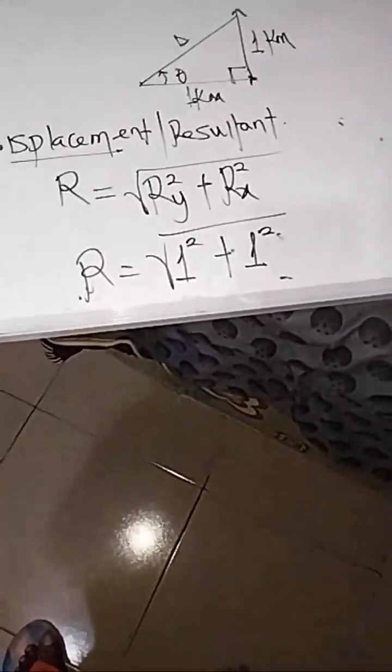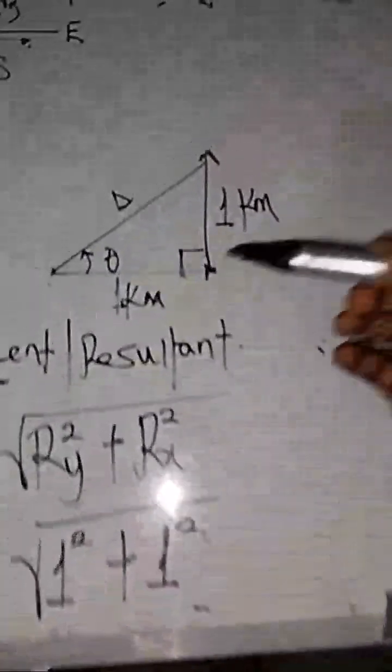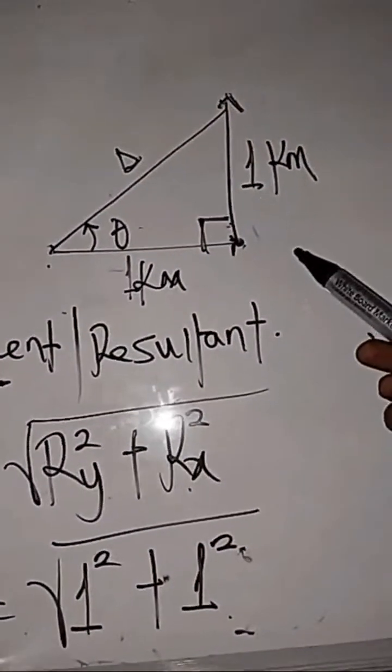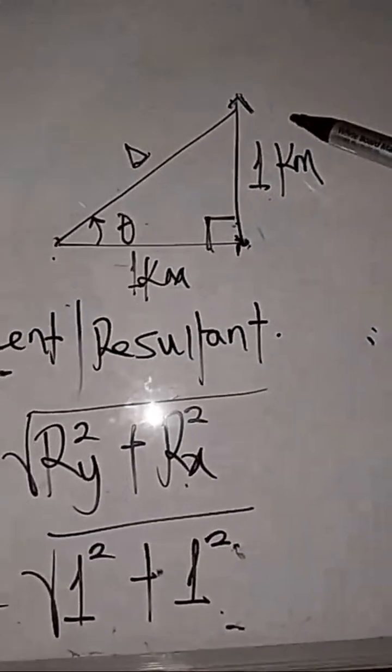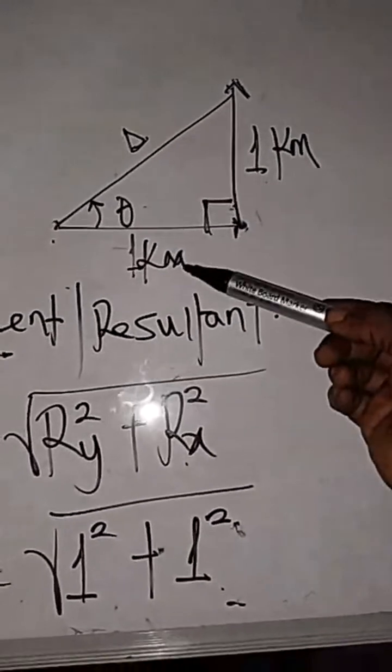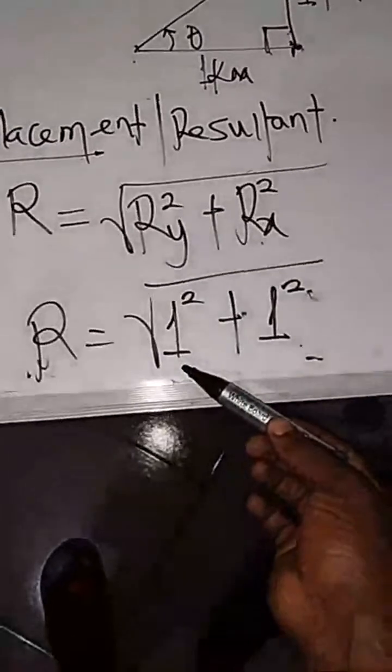Now, if you look at this diagram, my vertical is 1 and my horizontal is also 1. All right. That is what my resultant will be. Why is my resultant 1 squared plus another 1 squared? Because the distance covered in the horizontal and the distance covered in the vertical are both 1 kilometer. Now 1 squared will give us 1, 1 squared will also give us 1.